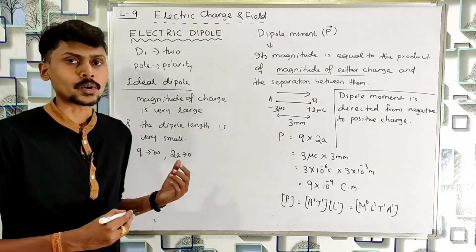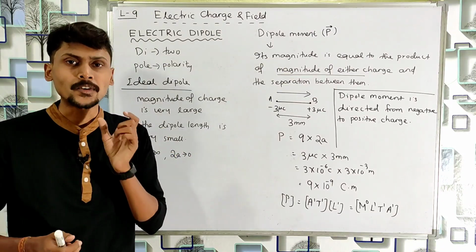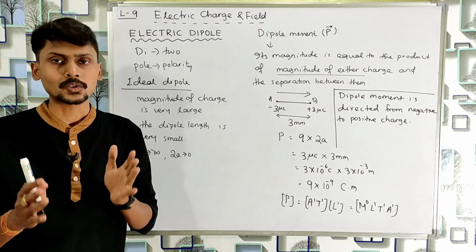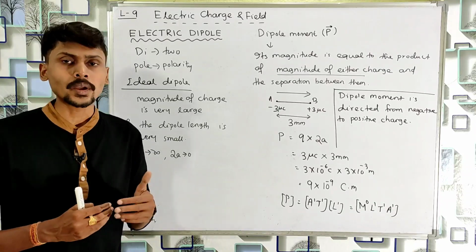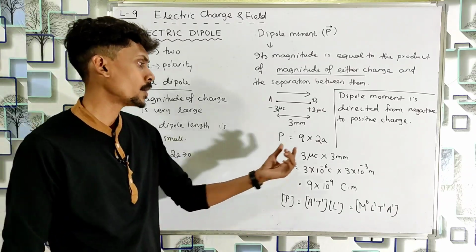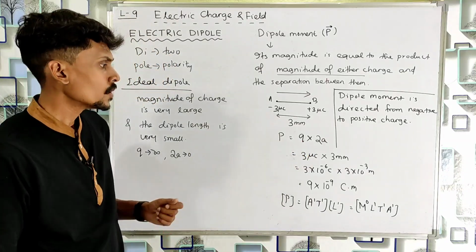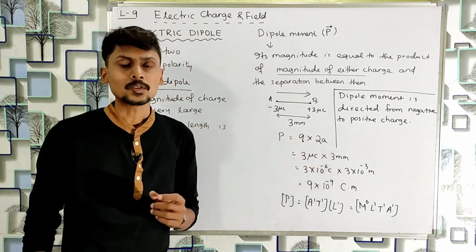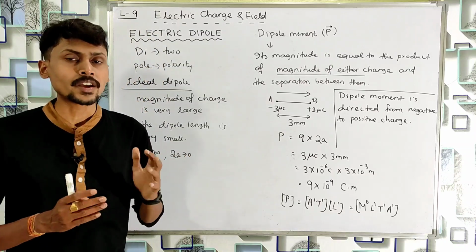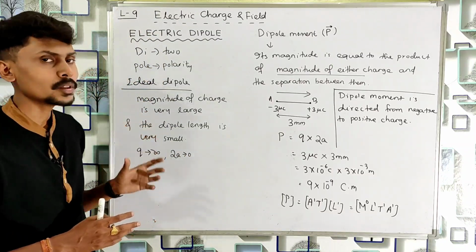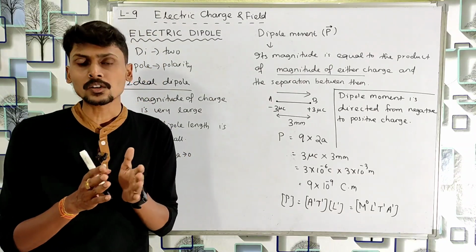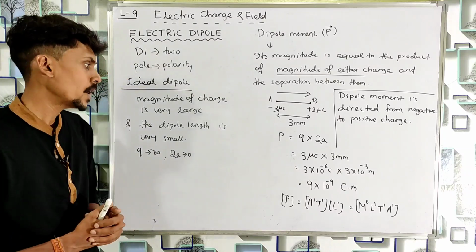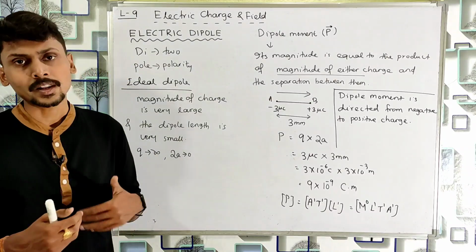2a tends to 0 means what? The dipole length is very small but not equal to 0. If you make 2a equal to 0, then the dipole moment will also become 0. So the dipole length should not be 0, but it should be very small. In case of an ideal dipole, the distance between the two charges should be very small and the magnitude of the charges should be very large.